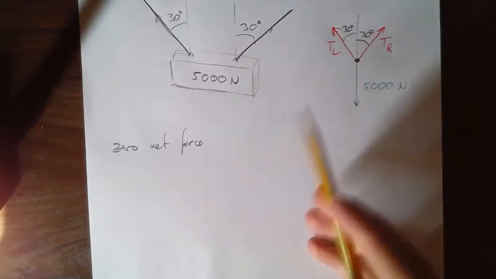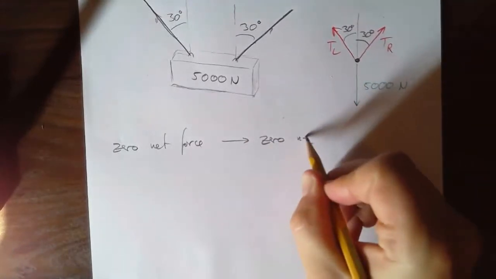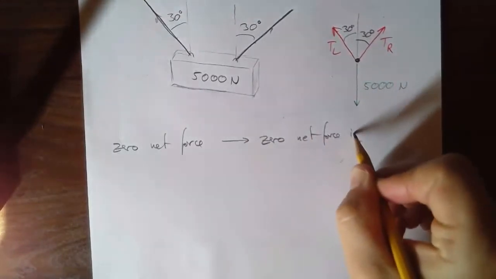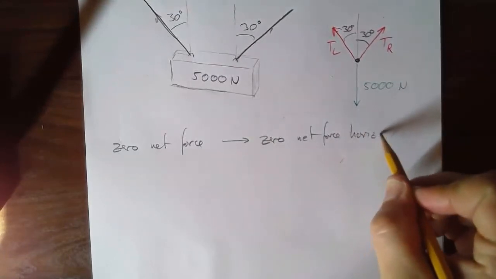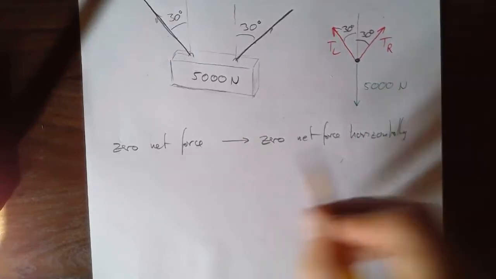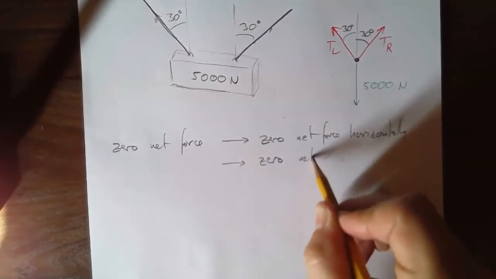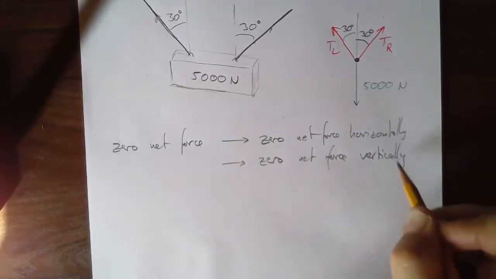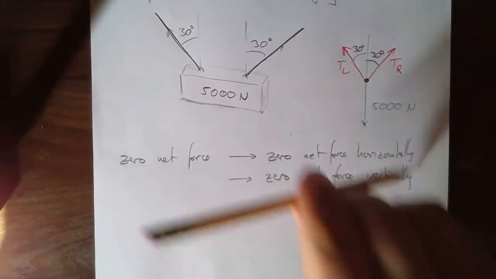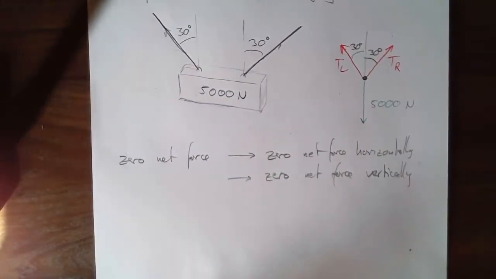So when there's zero net force, this means zero net force horizontally and zero net force vertically. Of course, you could also analyze the net force in any other direction, so diagonally or something. It still would be zero, right? Because it is not accelerating in any direction whatsoever.